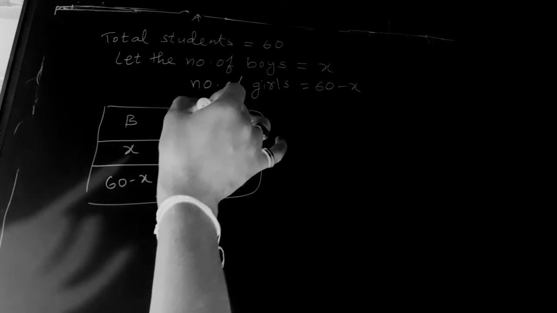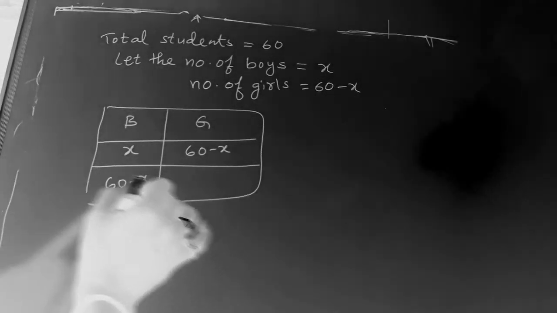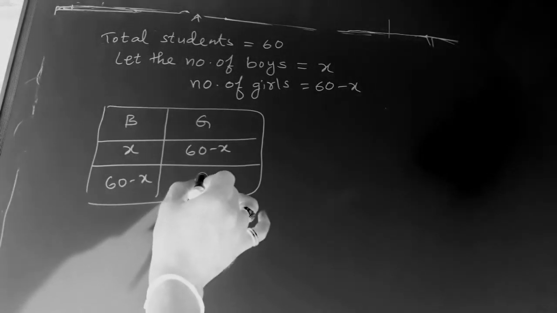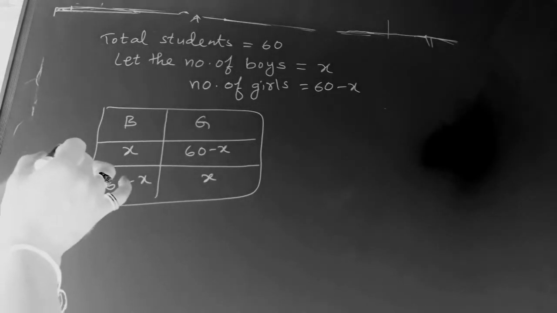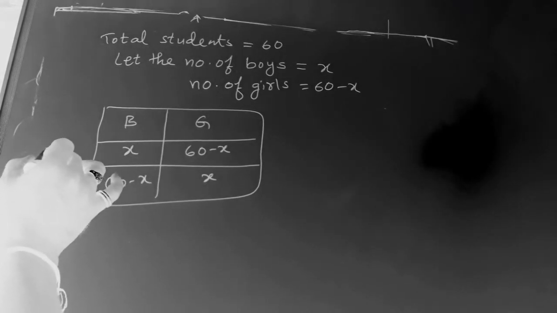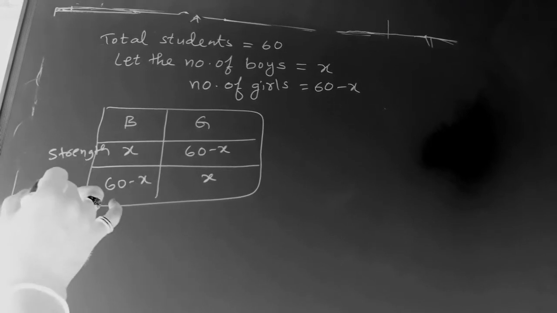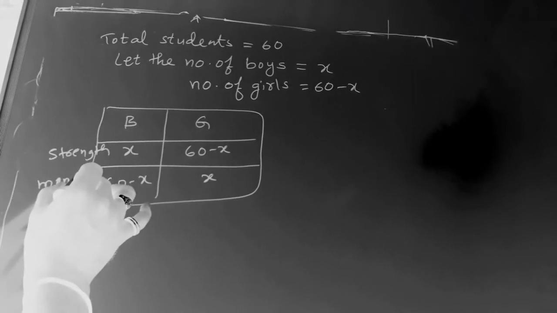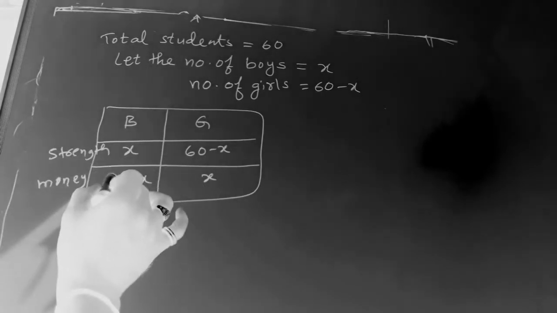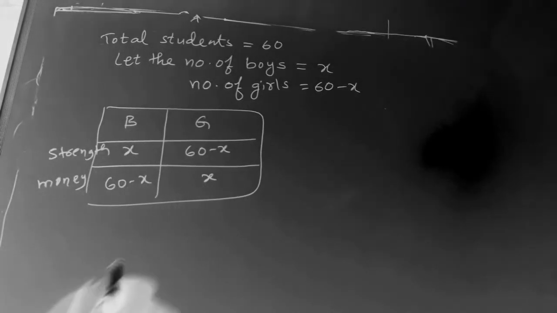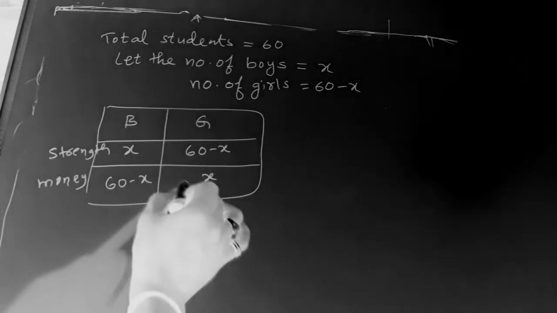Each girl will contribute money equal to the number of boys. So each boy gave 60 minus x rupees, and each girl gave x rupees.